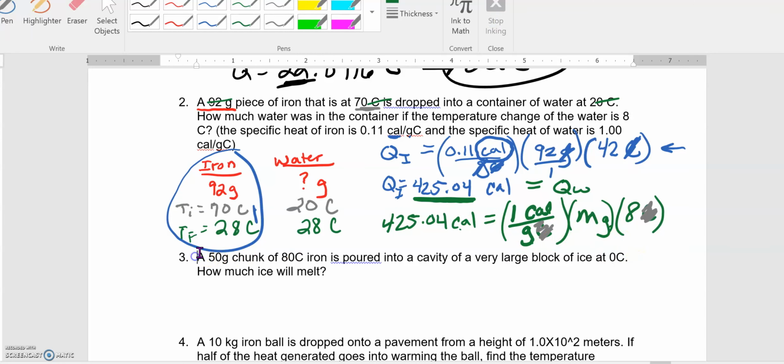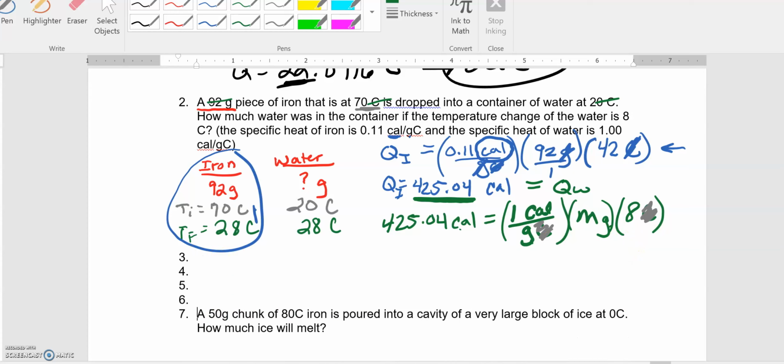I'm going to give myself just a little more room again. So when I start to do this computation, I'm going to go ahead and multiply the right side of my equation together. So I'm going to take my 1 calorie times M times 8, and that would end up giving me a numeric value of 8 calories.